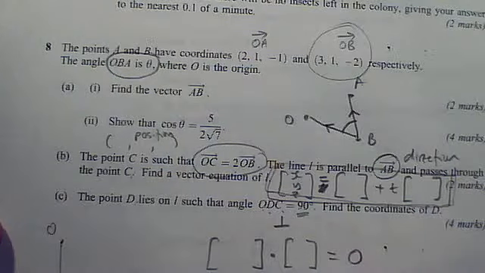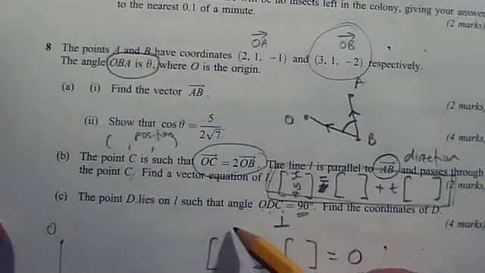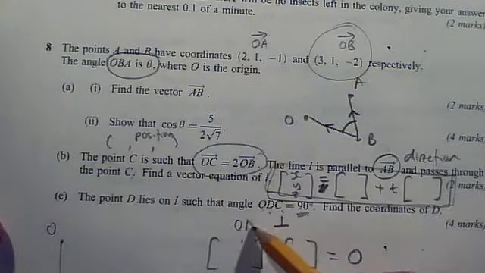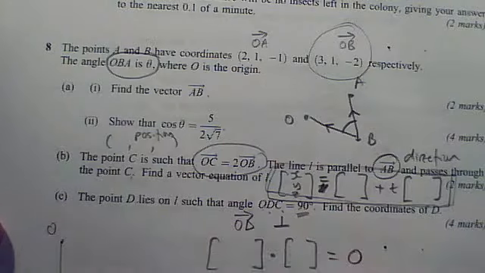So for the direction through D and C, this is simply the direction vector of the line. So the other one we need is the vector DO or OD. It doesn't actually matter which way round you have that, because either way it's perpendicular. Both of these angles are right angles.